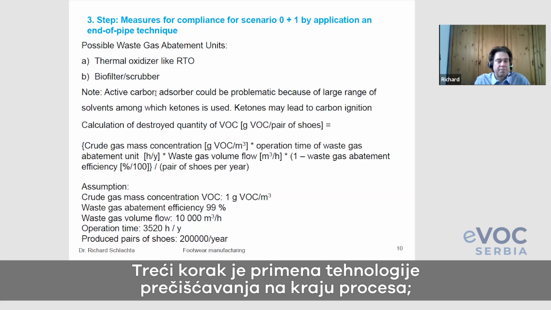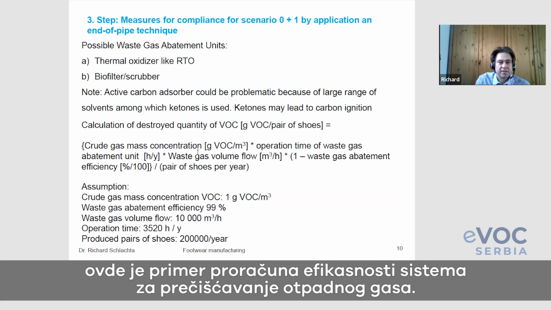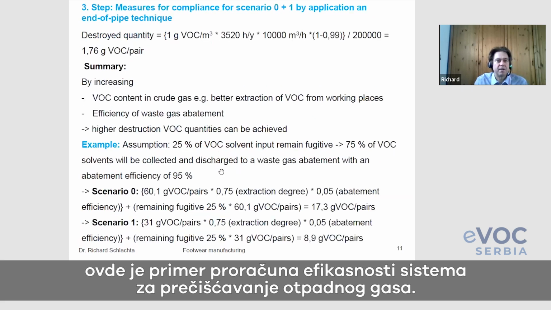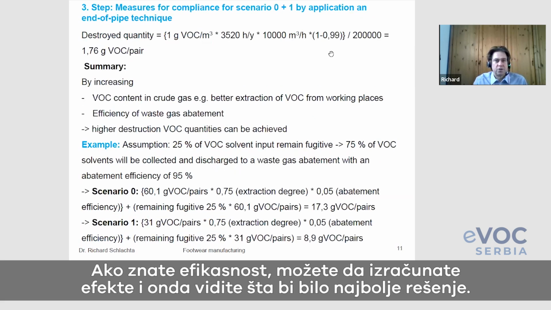Here is a third step, the application of end of pipe technology. You need here the efficiency of this waste gas abatement. So I made an example of how that could work. If you know the efficiency, you can calculate the effect, and you can then see what would be the best solution.